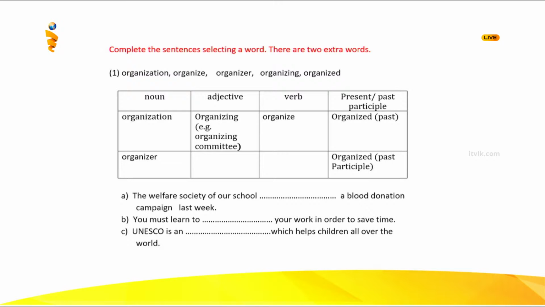Organization, organize, organizer, organizing and organized. Organization, it's a noun. Organize, it's a verb. Organized, it can be past tense and also it can be past participle. Organizer, it's a noun. Okay, now let's look at the questions.